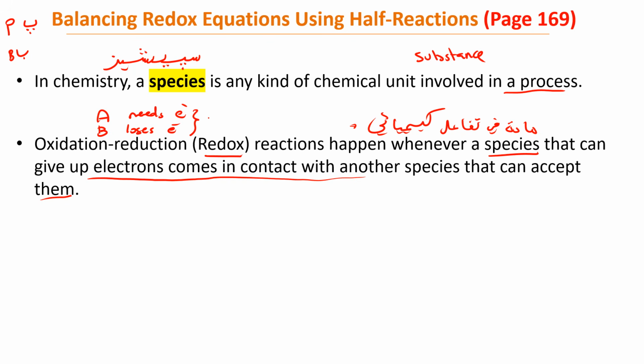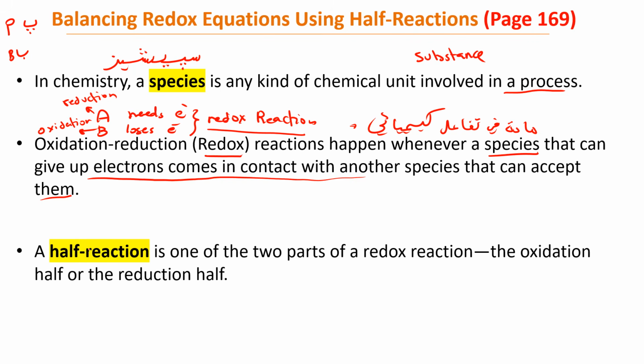There will be a redox reaction, right? Because when you need electrons, this is reduction, right? And when you lose electrons, it is oxidation. So if the two react with each other, there will be a redox reaction, because one of them will be oxidized and the other will be reduced.